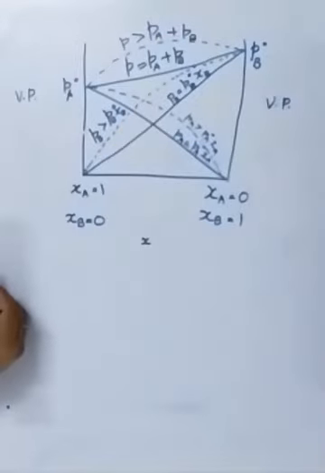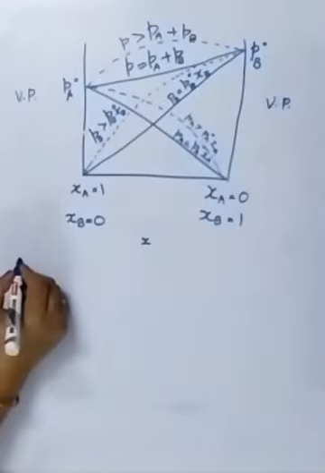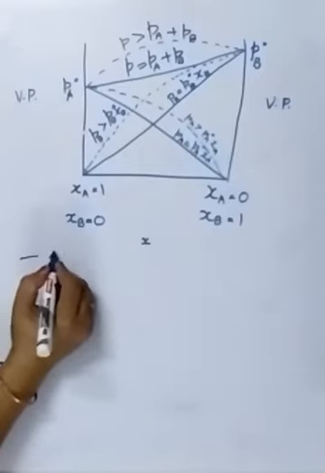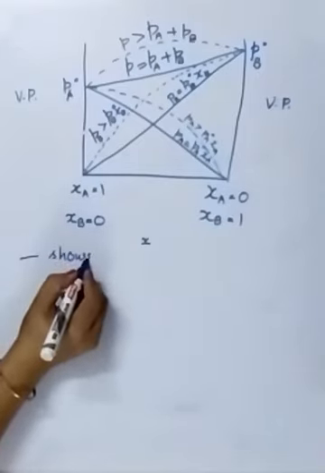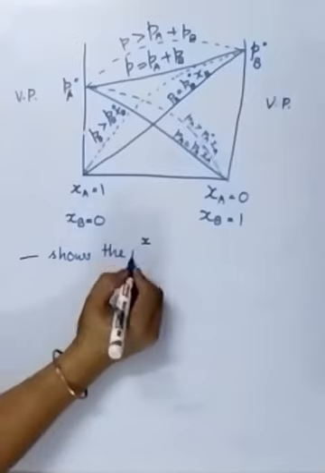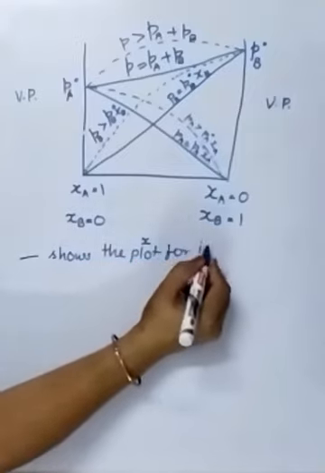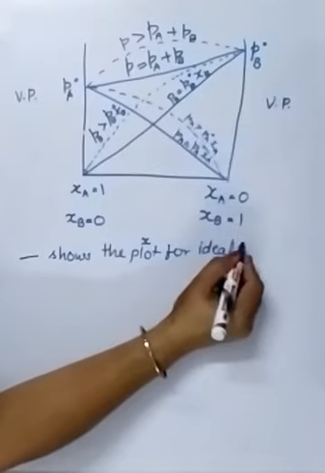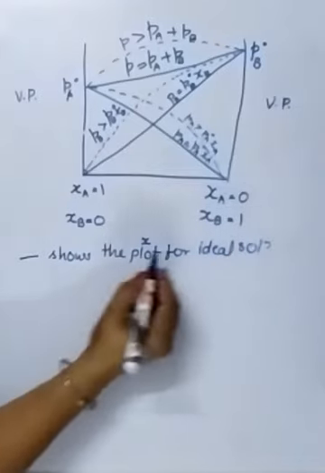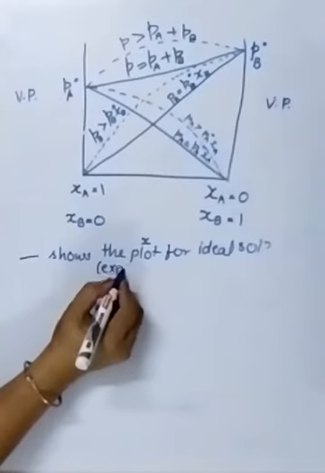So here the solid line shows the graph or plot or curve for ideal solution. Ideal solution, that means expected graph.